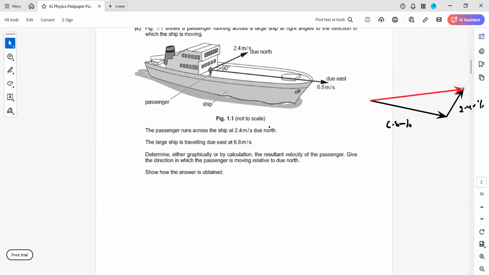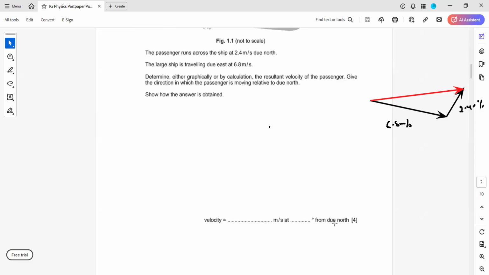Why is it important to draw the vectors, even though they did not ask us? Because when they ask for specific directions, specific angles, without the drawing you will find it difficult to identify which angle you have to work out. We have to find the resultant velocity as well as the angle from north.